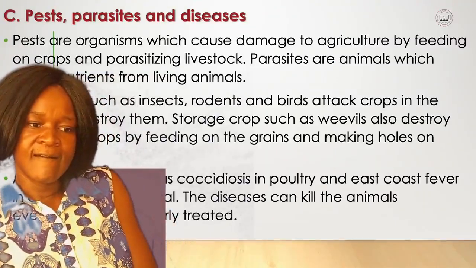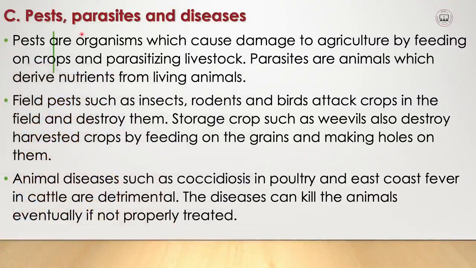Another minor factor of production is pests, parasites, and diseases. Pests are organisms which cause damage to agriculture by feeding. Parasites are animals which derive nutrients from living animals. So, field pests such as insects, rodents, birds attack crops in the field and destroy them.